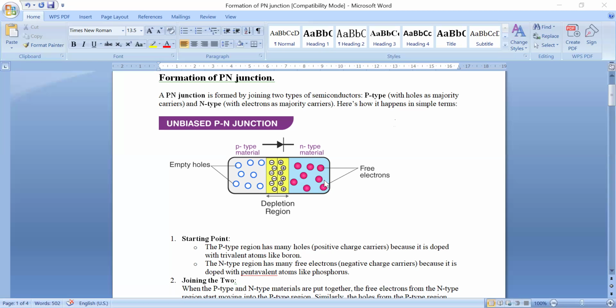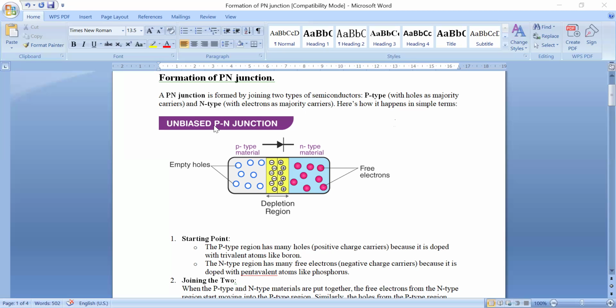So the flow of electrons and holes stops because of this electric field in the depletion region, and this electric field prevents further movement of electrons and holes. The PN junction is now stable. Now it can control the flow of electricity. So this is all about the formation of PN junction and the unbiased PN junction.